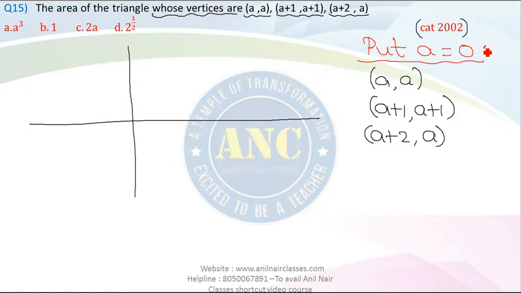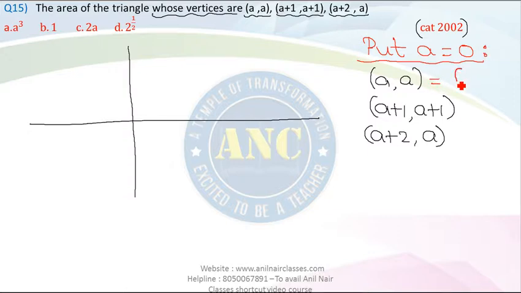Same is the case with a geometrical figure. By shifting, by rotating any geometrical figure, the area or the volume of that geometrical figure will not change. It will remain constant. So it is definitely irrespective of whichever value of a you take, it will be very, very easy to solve. The same value will come.